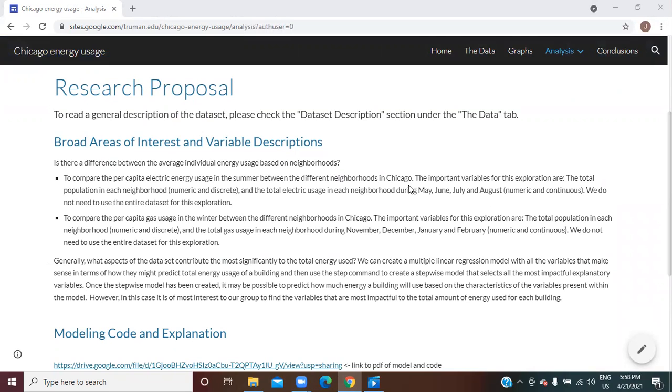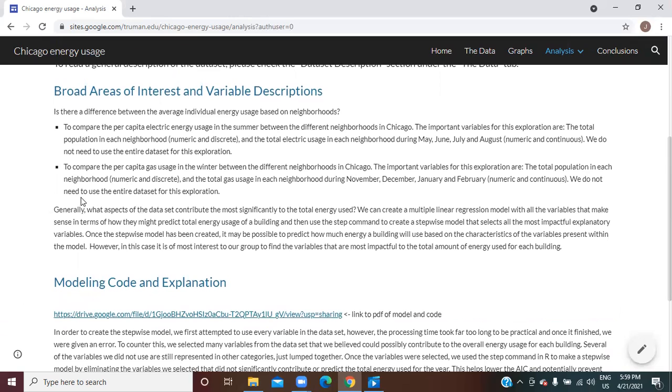We do not need the entire data set for this exploration. Then we would also compare the per capita gas usage in the winter months between different neighborhoods in Chicago. The important variables would be total population, once again numeric and discrete, and the total gas usage during November, December, January, February. We do not need the entire data set either.